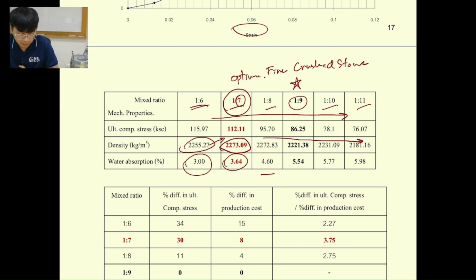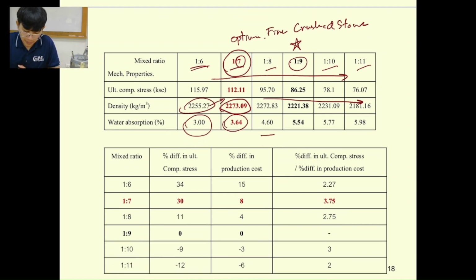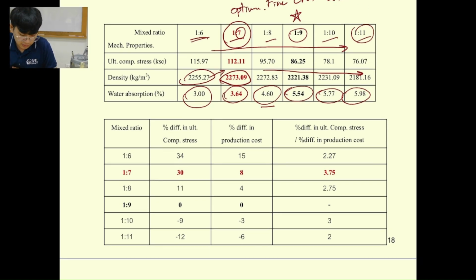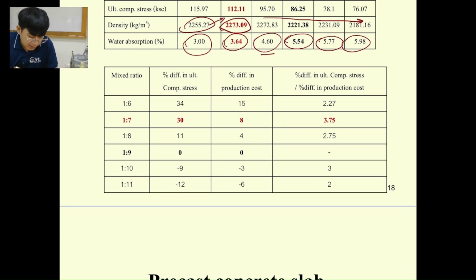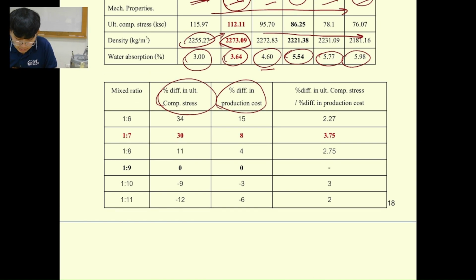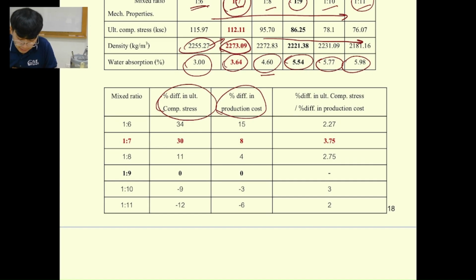And if we compare all the water absorption in the other mix design calculations, you can see that the water absorption keeps increasing by adding more fine crushed stone. And then after that, he compared the differences in ultimate compressive strength and in product cost, and compared compressive stress divided by the difference in product cost.